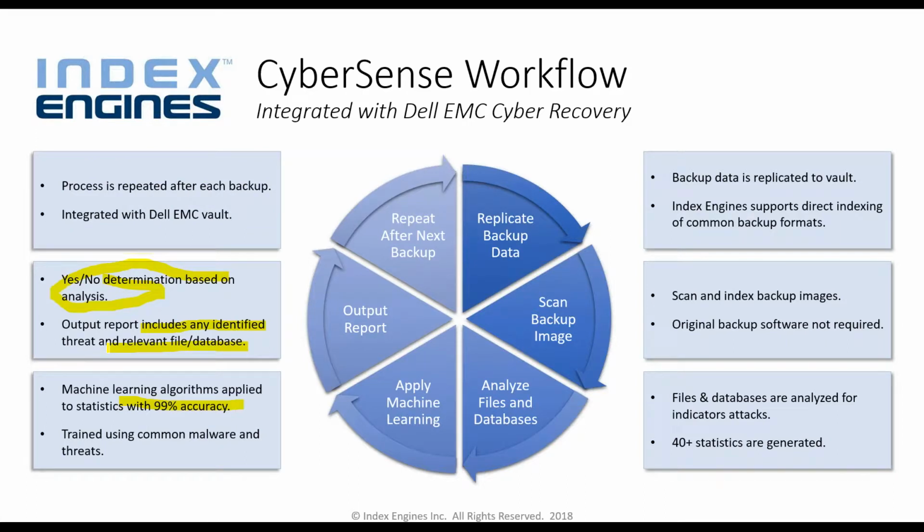And then the next cycle just repeats. As the backups continue to occur within the cyber recovery vault, CyberSense will continue to apply the analytics and the machine learning and report back the results of that scan.